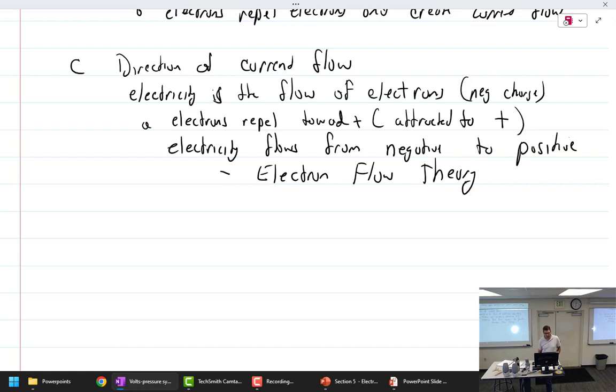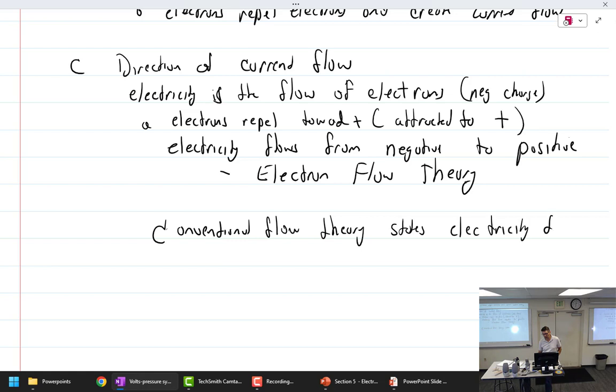Well, I will tell you that conventional flow theory states electricity flows from positive to negative.